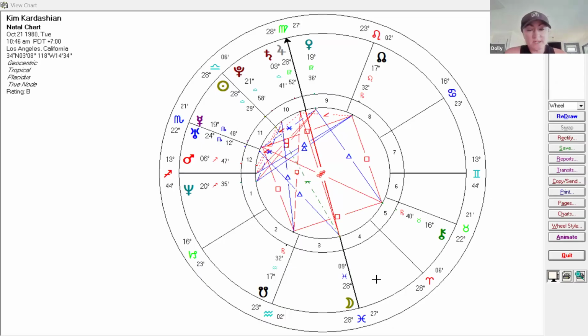I also thought it was interesting that it's an Aries themed situation as well, because Kim is having to intervene. She's having to stand up for herself. She's having to stand up for her child. She's having to fight against him to try and rectify this situation. So that's also very Aries themed.